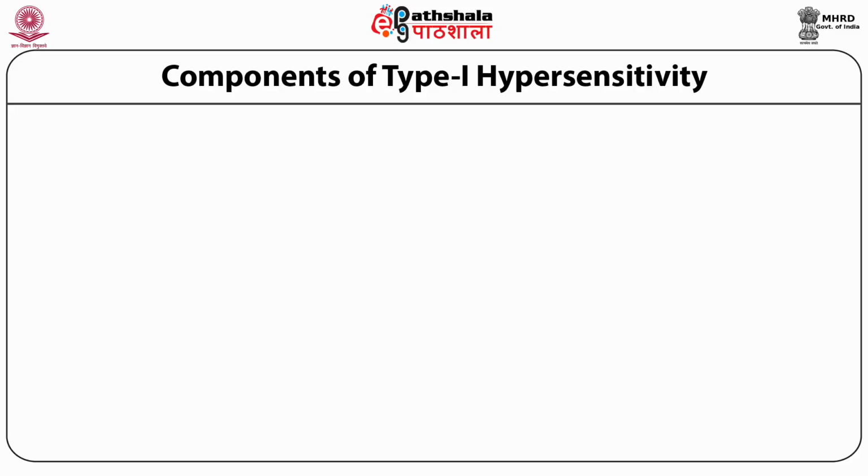The type of immune response against a particular antigenic challenge is determined by the cytokine secretion patterns of different subtypes of Th or T helper cells. CD4 positive T helper cells exert their functions through cytokines in an autocrine or paracrine way. There are two subtypes of CD4 positive T helper cells, that is Th1 and Th2 cells.